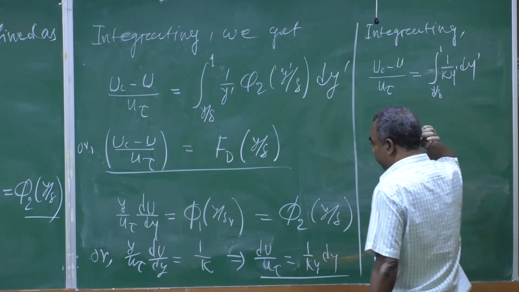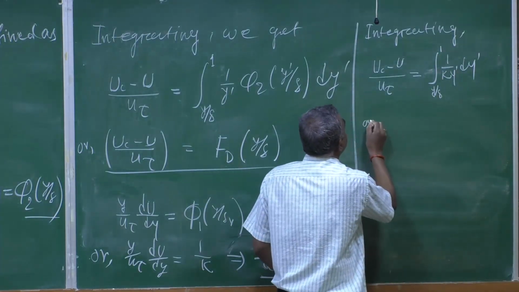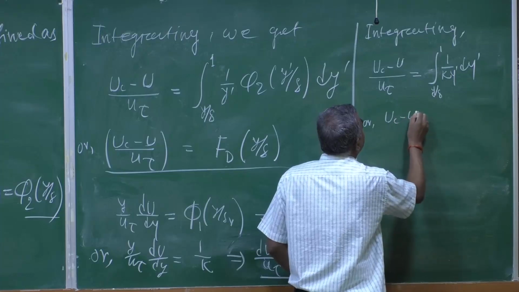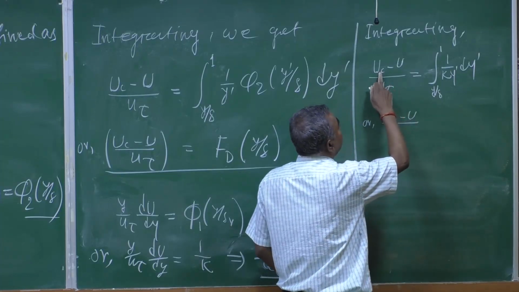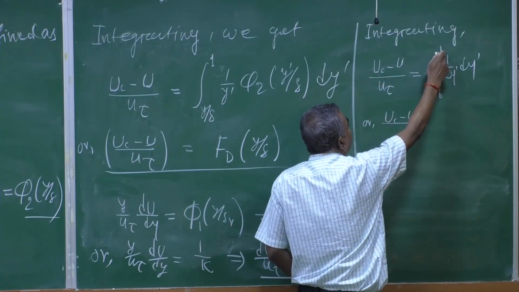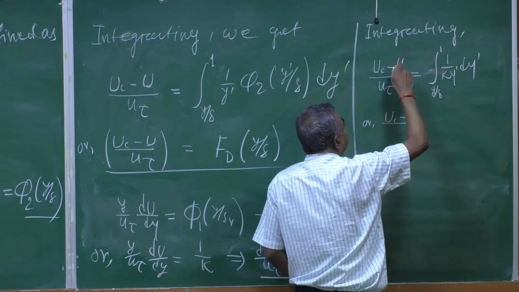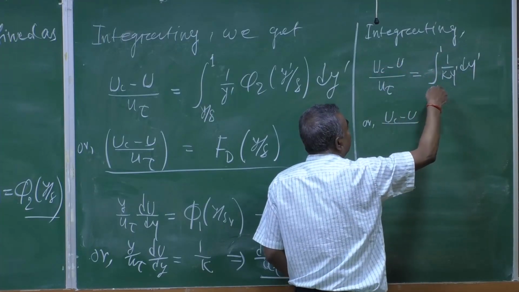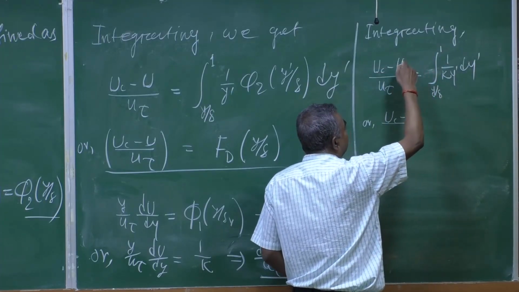If we do that integration, u c minus u, because at y by delta equal to 1 the mean velocity is u c, and at any y by delta the mean velocity is u.